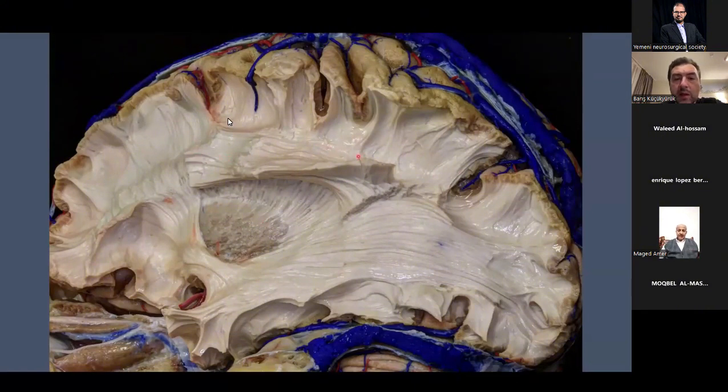The first thing we see here is the superior longitudinal fasciculus, but its anterior connections to the Broca area and posterior connections to the Wernicke area or the Heschl gyrus are removed to see this inferior occipitofrontal fasciculus, which connects the middle frontal gyrus, courses through the roof of the temporal horn and goes all the way back to connect the posterior part of the temporal lobe and the occipital lobe. And as I already mentioned, there is the uncinate fasciculus anteriorly.